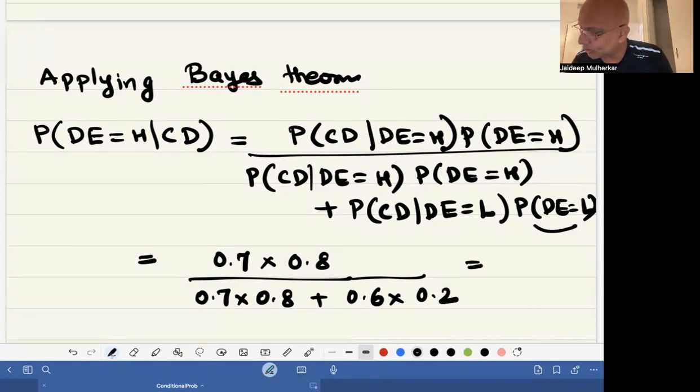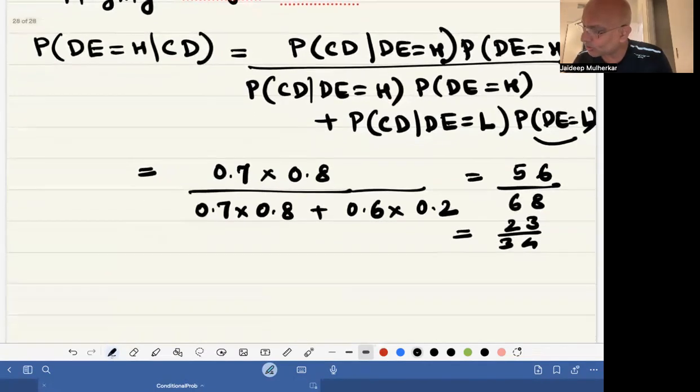So this is going to be 56 over 56 plus 12, that is 68. And this is going to be 23 over 34, which is approximately 0.82 something.